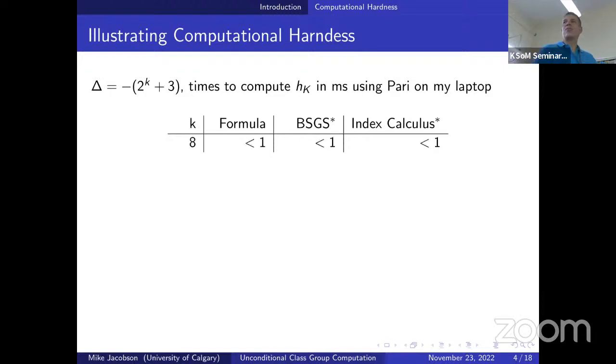We'll start with discriminants of bit length 8. So I guess this is negative 271 or something like that. I don't want to do that. But what you see here is that the times are all in milliseconds, and Paris doesn't measure times in finer granularity than that. What it comes out to is that they all finish in less than 1 millisecond.